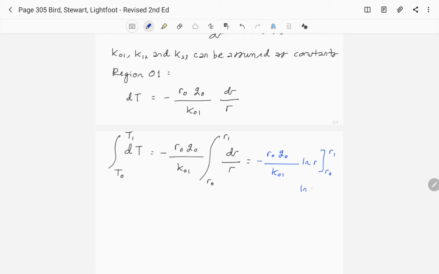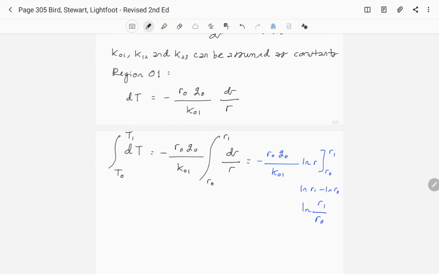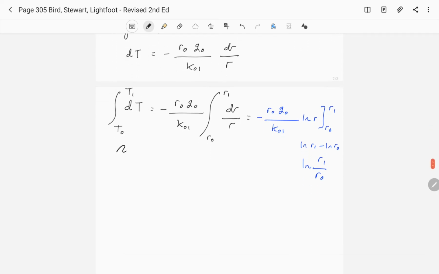This term will be ln R1 minus ln R0, which is equal to ln of R1 over R0. So T1 minus T0 equals R0 Q0 divided by K01 times ln of R1 over R0. Then we have T0 minus T1 equal to R0 Q0 over K01 times ln of R1 over R0.